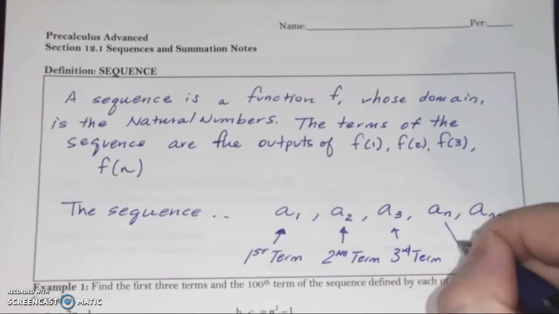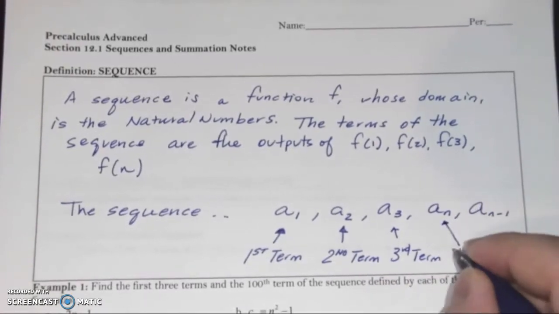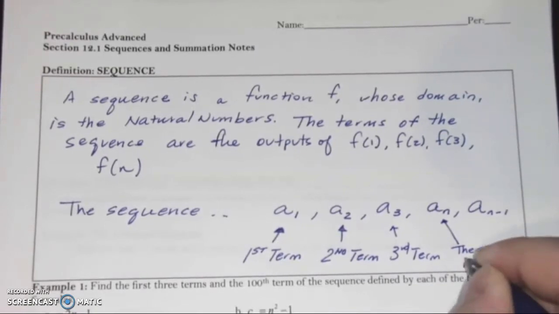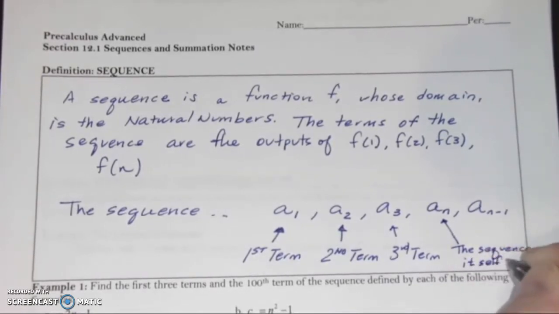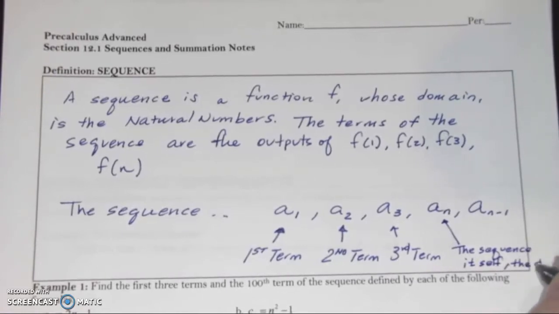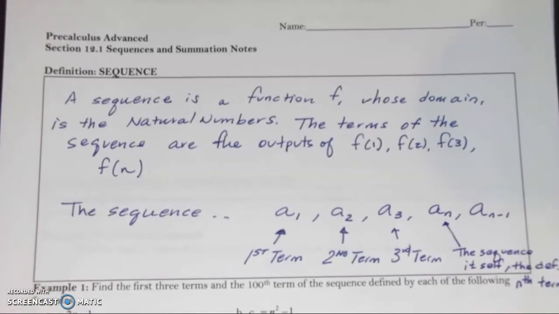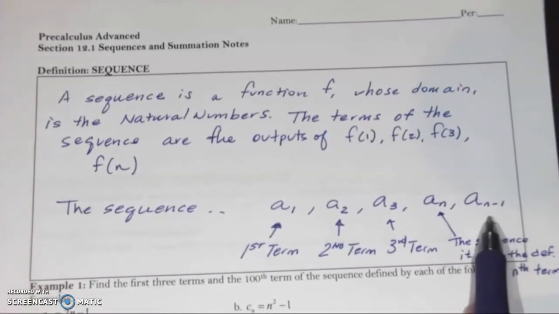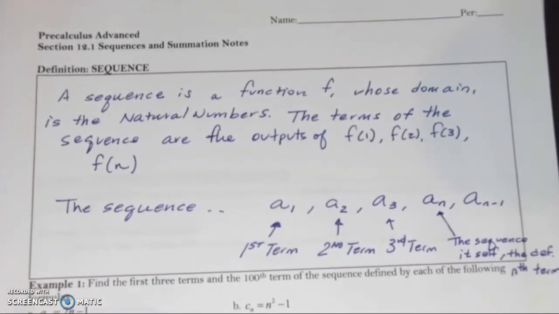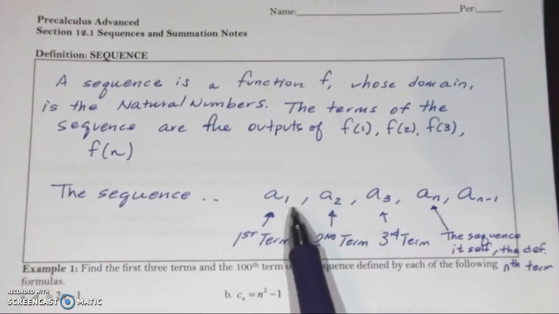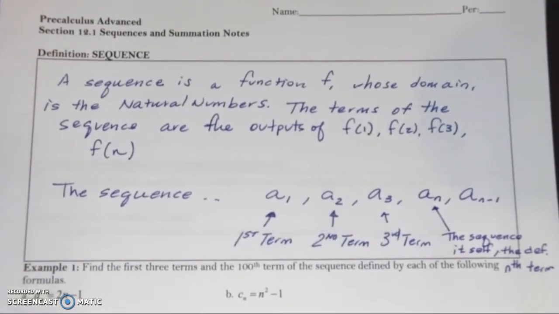And this, a sub n, is really the sequence itself, or the definition, or what we say the nth term. And we'll talk about this a sub n minus 1 once we get a little bit later in the notes. But just basically a definition of what a sequence is, some terminology of what you're going to see as we go through these notes.